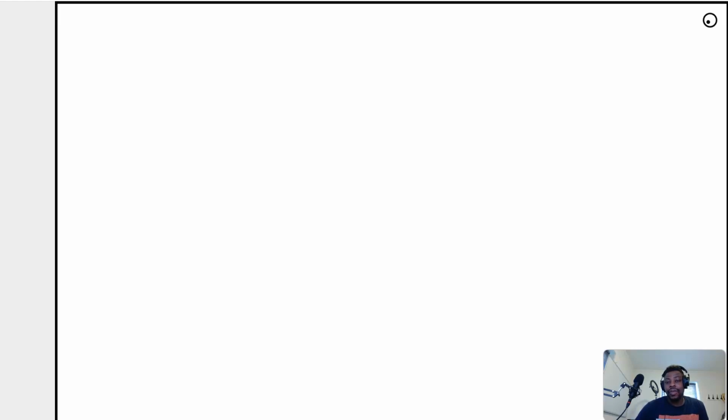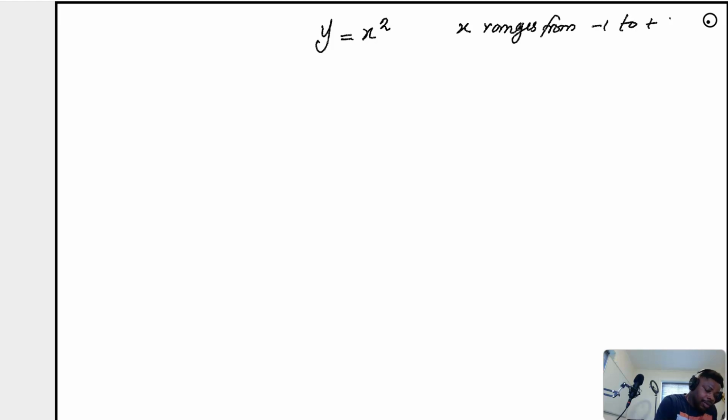Now, let's assume we have y is equal to x squared. Okay? So let's assume that x ranges from -1 to +1. So that simply means x, y. I can quickly put a little table here: -1, 0, and 1. Okay?